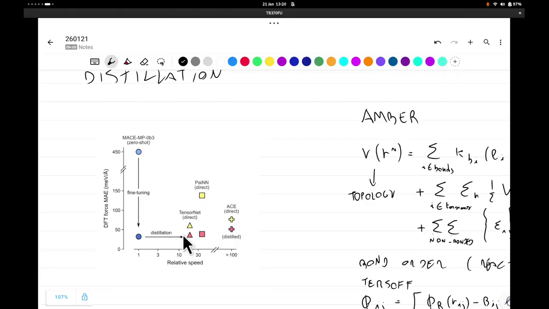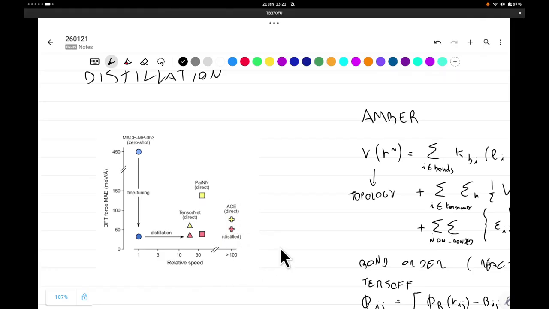And so you see that if you start from a corpus of data points and train your ACE model, you would get a certain accuracy. But if you start using the model that has already first been fine-tuned, you would get a significantly more accurate model at the same speed.